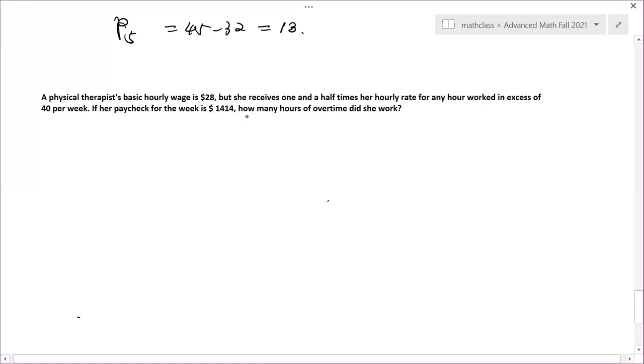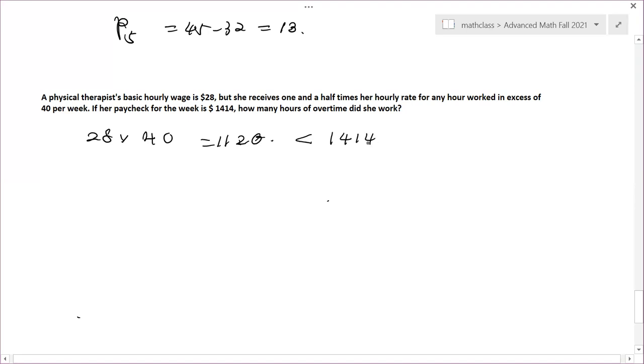So first of all, we want to make sure it's overtime. If it's just 28 times 40 hours, that's hourly pay times 40, it will be $1,120. So it's less than $1,414.